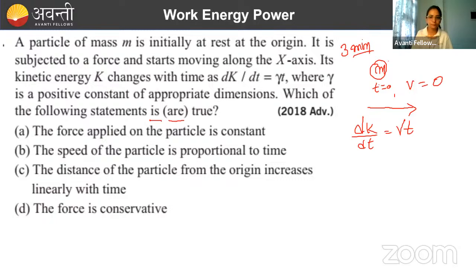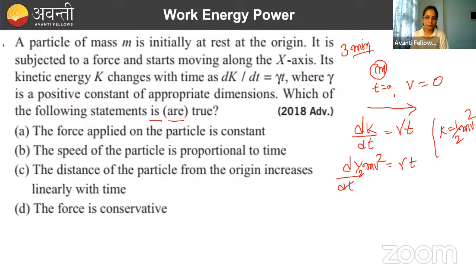The very first thing, kinetic energy can be related with velocity, right? Kinetic energy can be written as half mv square. So d/dt of half mv square will be equal to gamma t. Clear here.